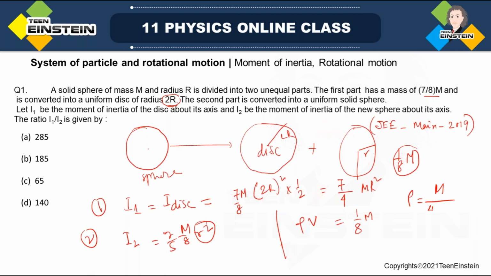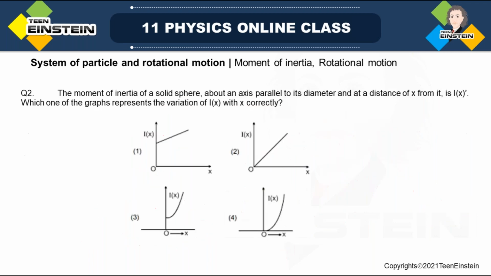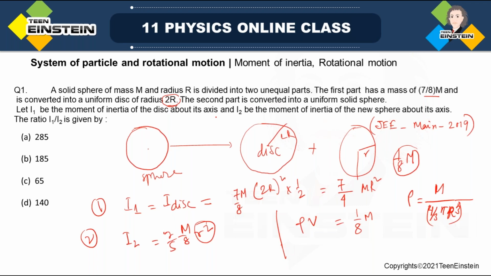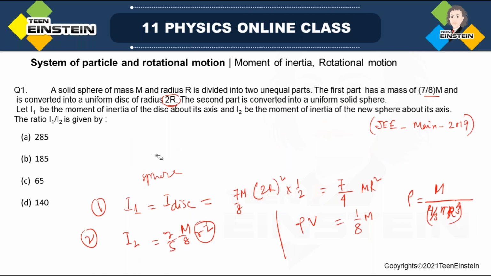So we have rho into V equal to 1/8 of the mass.